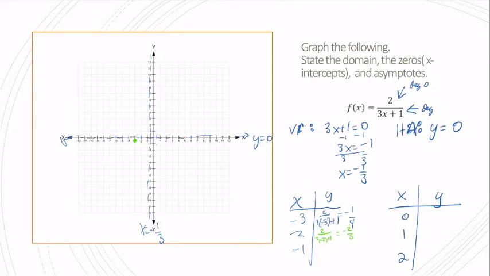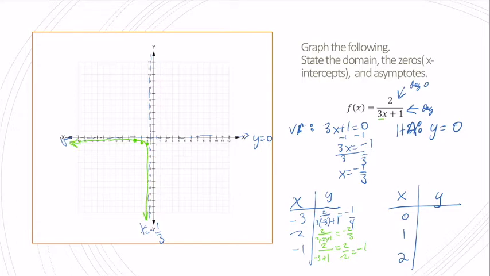When I plug in negative 1, I have 2 over negative 3 plus 1, because negative 1 times 3 is negative 3. So I have 2 over negative 2, which is negative 1. All right, so my graph is looking like this, right? It gets really, really close to the asymptotes, but it never quite touches them.